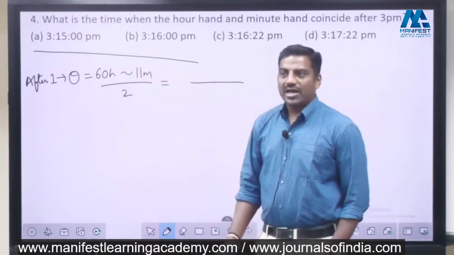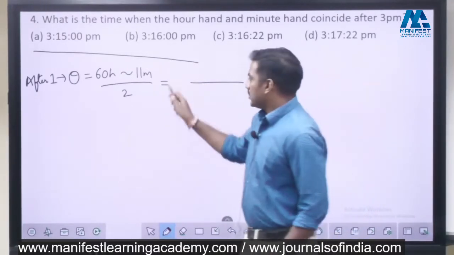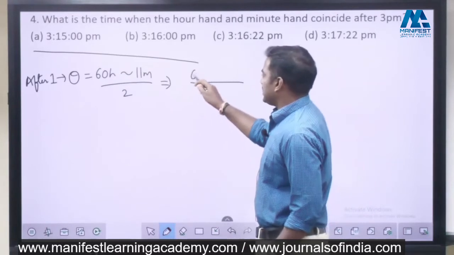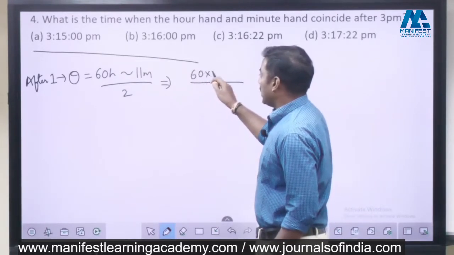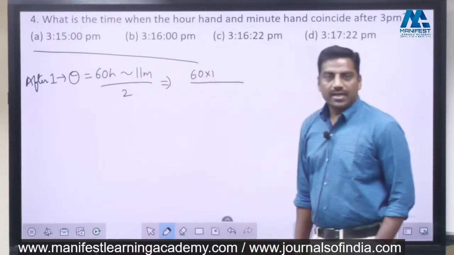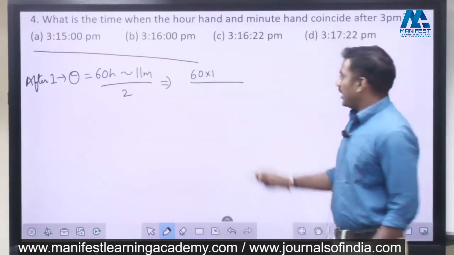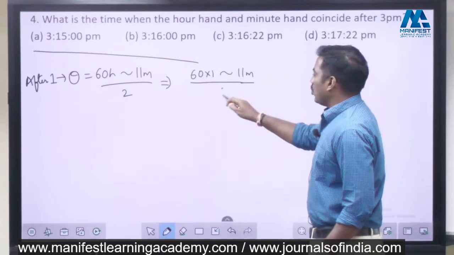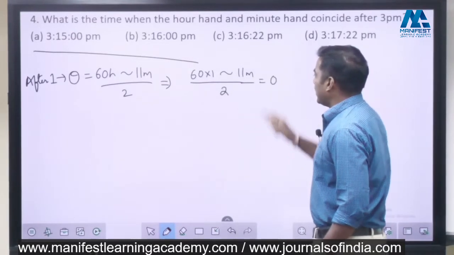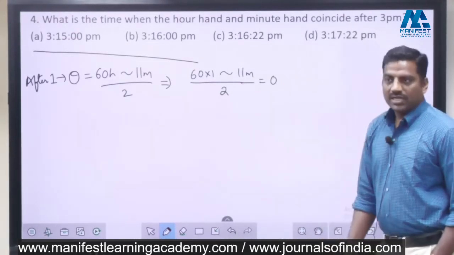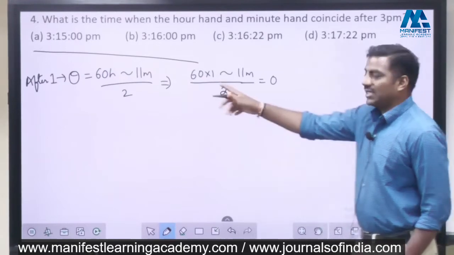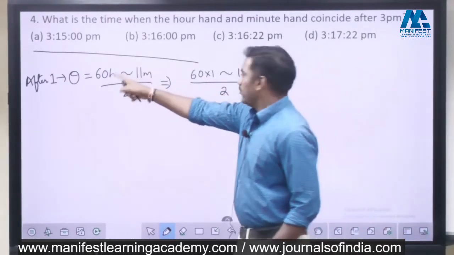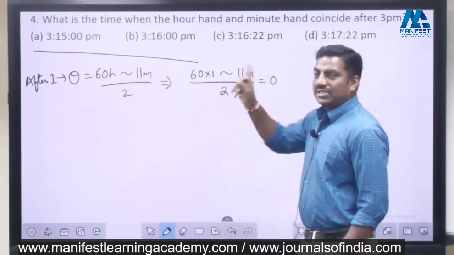Theta has to be 0 when they are coinciding. So this is 60 into 1, since H is 1, and with the difference of 11 M divided by 2 is equal to 0 degrees, right? Are you able to understand this or not? Theta is equal to 0, hour is equal to 1.